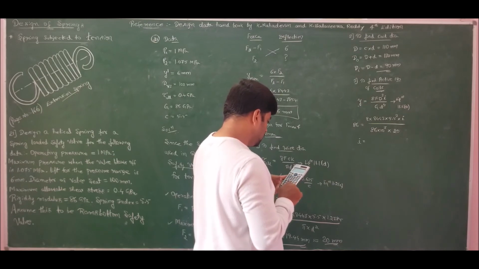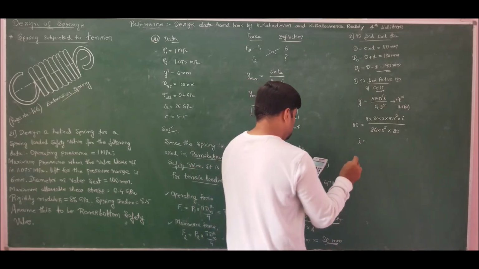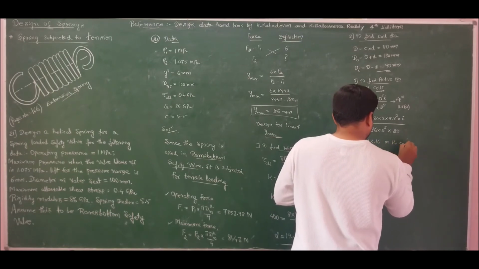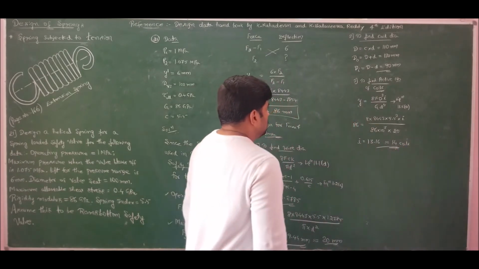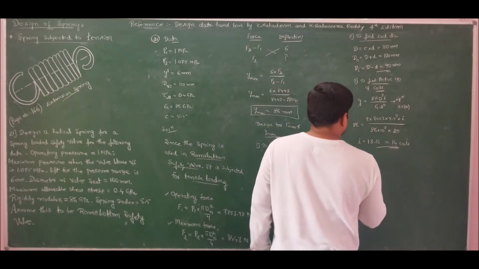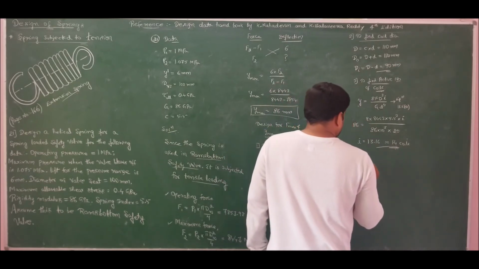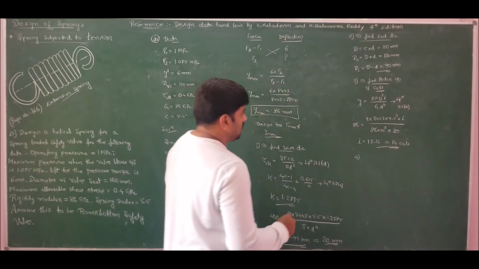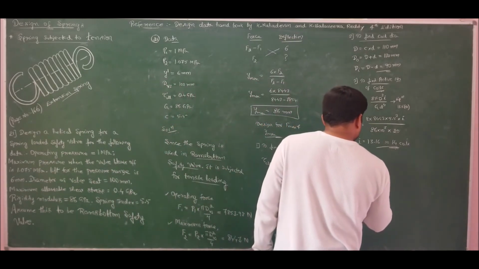If I solve, I will get active number of coils as 13.16, so approximately 14 coils. Next, moving ahead, in the fourth step we are going to find the free length. Let us calculate the free length.